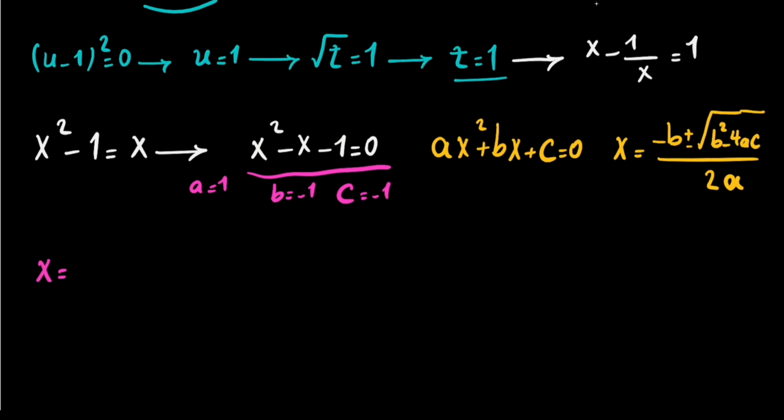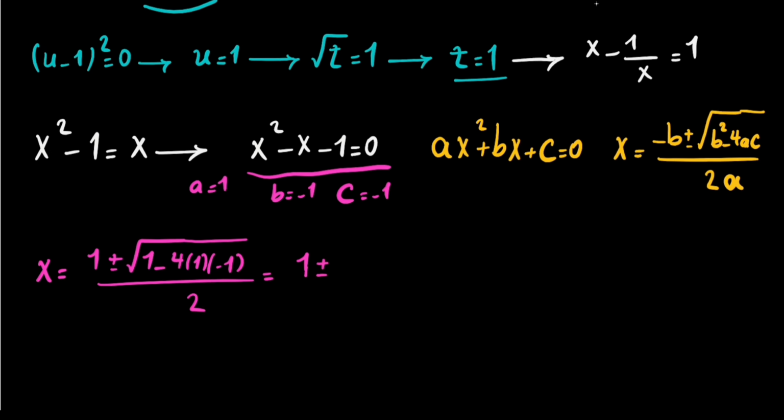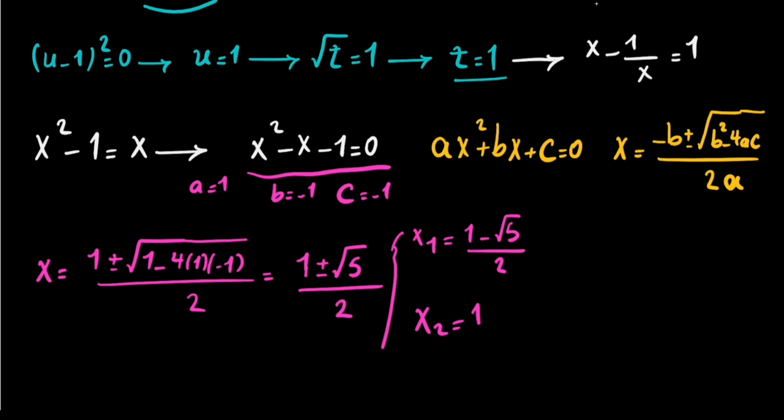So x is equal to 1 positive and negative square root of (1 minus 4 times 1 times minus 1), divided by 2, and the final answer will be 1 positive and negative square root of 5, divided by 2. But here we go: x1 is equal to (1 minus square root of 5)/2, and the second answer is equal to (1 plus square root of 5)/2.